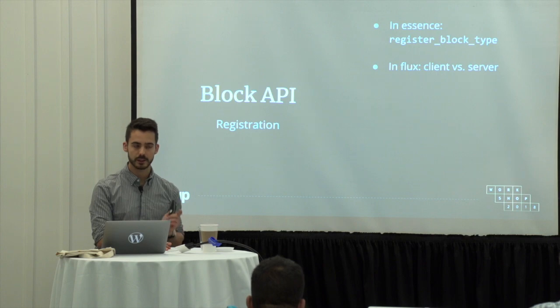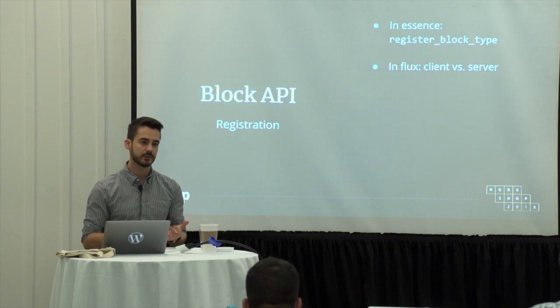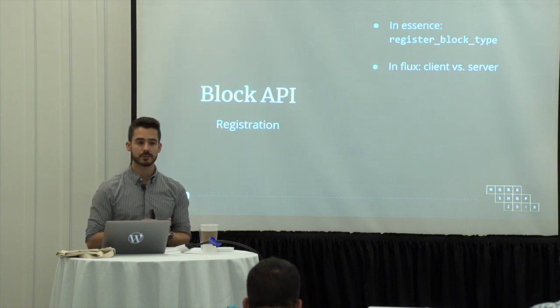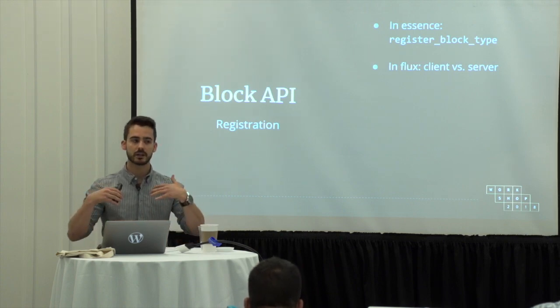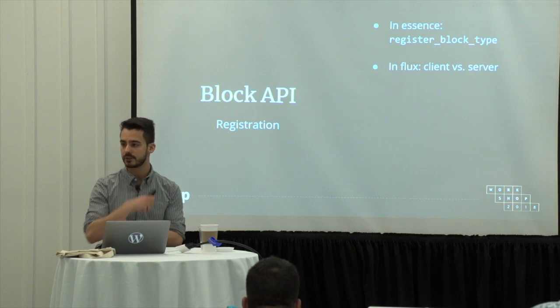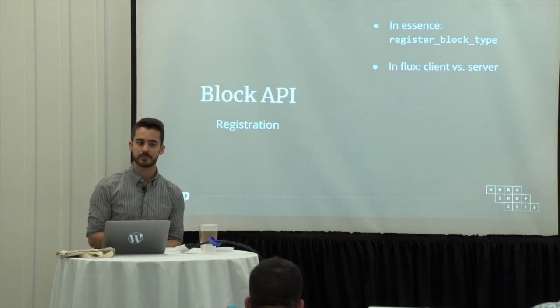And so earlier, I showed the latest posts block. That block is by nature dynamic. I mean, if it were static, it would be kind of useless. So every time a page is rendered, the latest posts block should be rendering the most updated version of that set of posts.